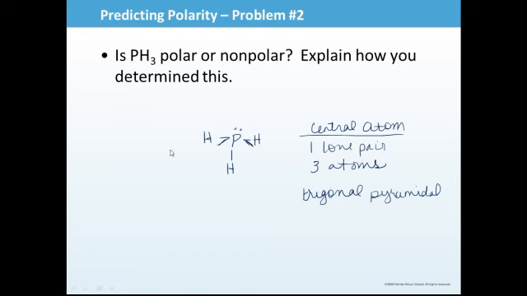So now we have trigonal pyramidal. When we look at our symmetry, is this pretty symmetrical? No, not too symmetrical, is it? It's really not that symmetrical, so that's not good. And then we want to look at the central atom. Do we have the exact same bonds? And do we have no lone pairs of electrons? Of course, we do have one lone pair, and our bonds are the same, aren't they? It's hydrogen bonded to the phosphorus.